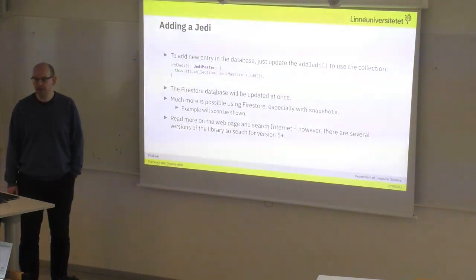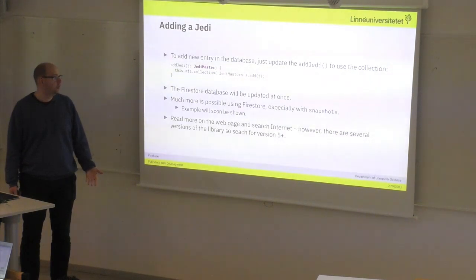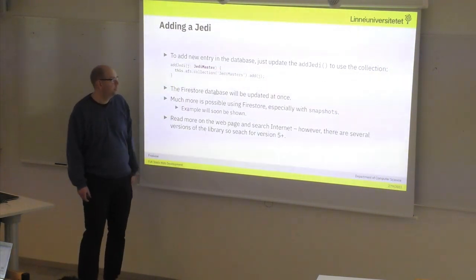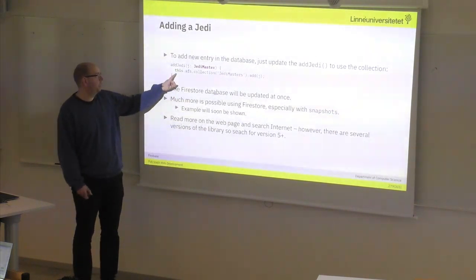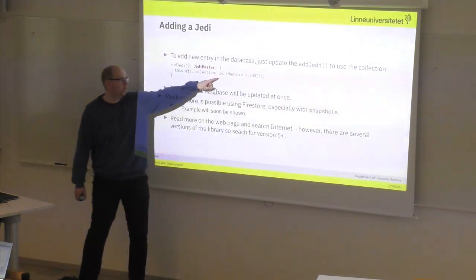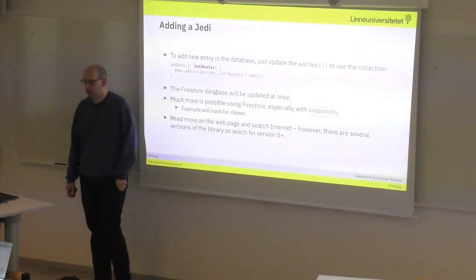If we want to add data, well, it's not much more difficult than previous. Namely, instead of just pushing, we again use AFS, which is the service that we use in our service, the collection jediMasters, add j, and we add them.